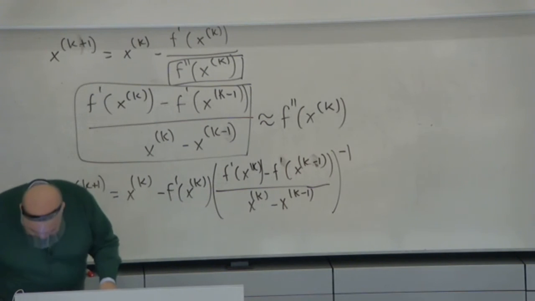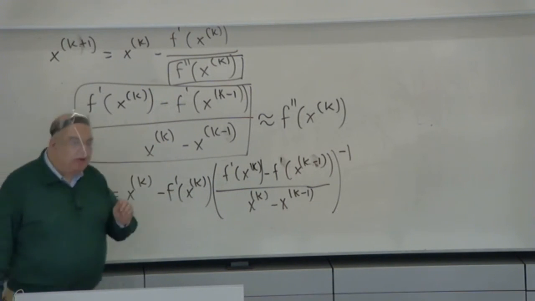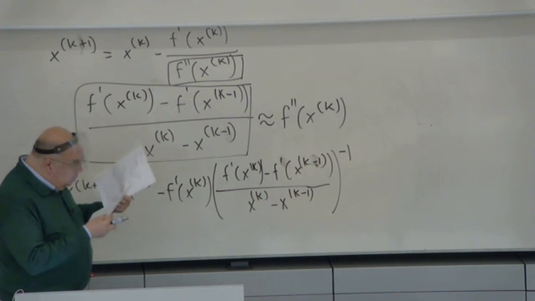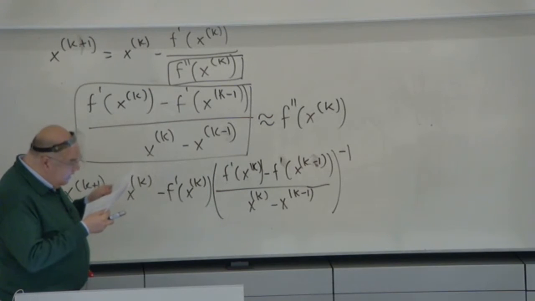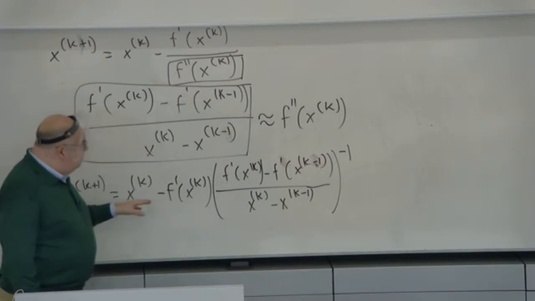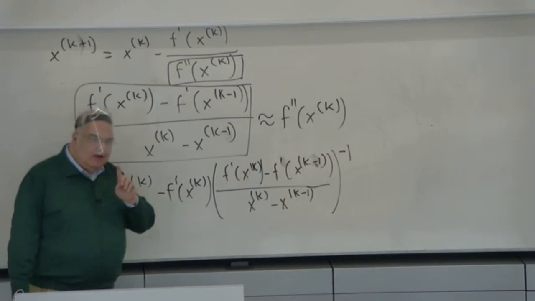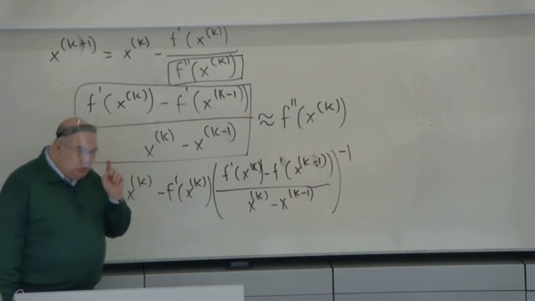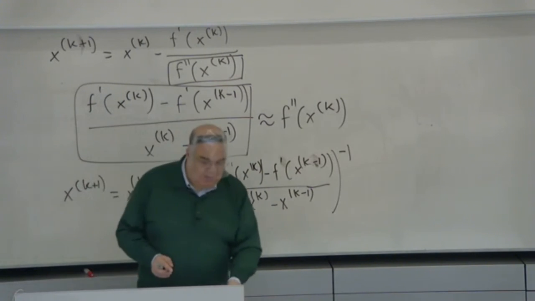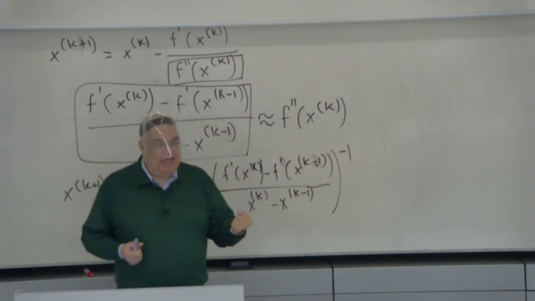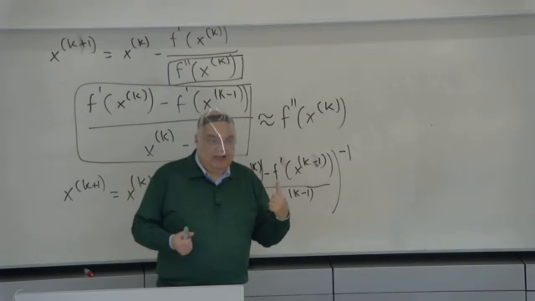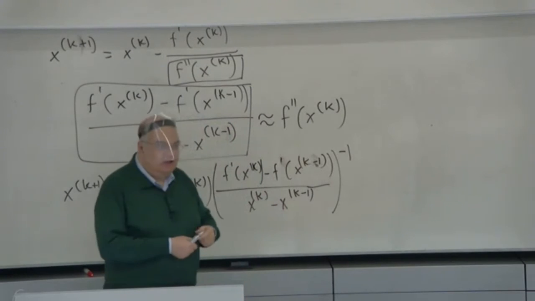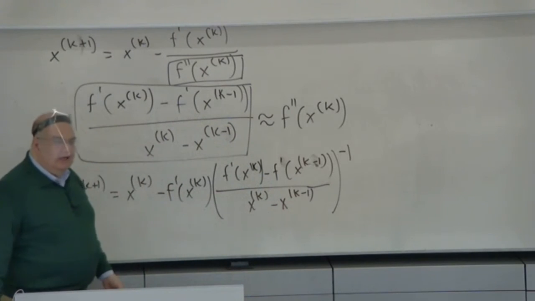Let me point out another thing, which I think I wrote somewhere. Yes, at the very end. You might think, well, I'm saving time in computing the second derivative, which might be computationally expensive.